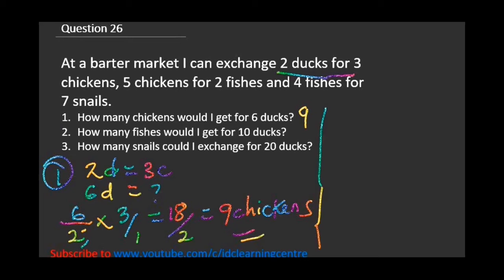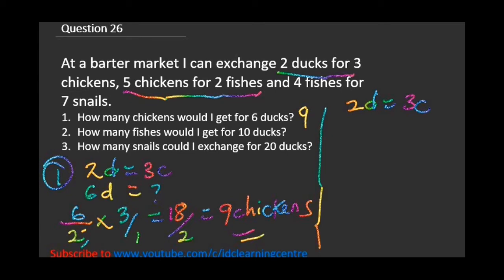How many fishes will I get for 10 ducks? So if 2 ducks equal 3 chickens, here 5 chickens goes for 2 fishes, isn't it? How many fishes will I get for 10 ducks?